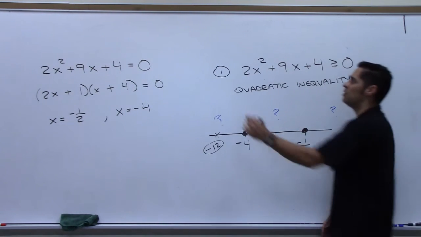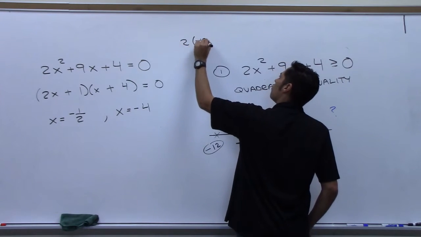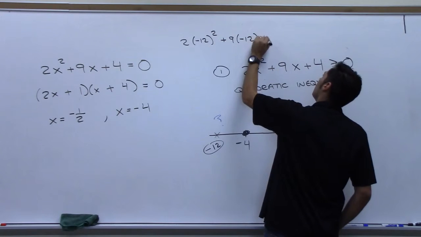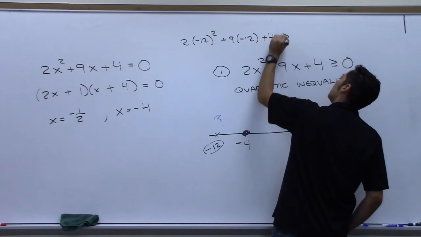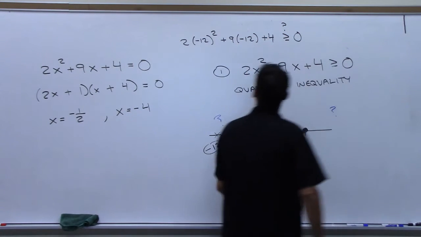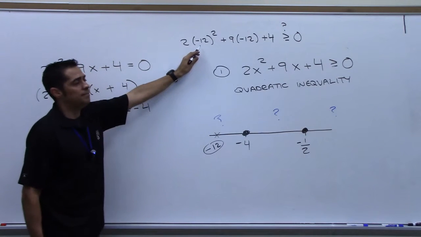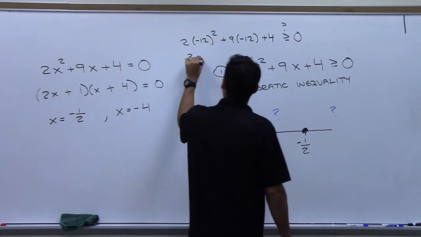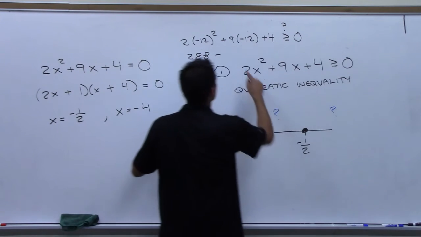So you have to do 2 times negative 12 squared plus 9 times negative 12 plus 4, and you're asking yourself, is that bigger than or equal to 0? What's 12 squared? 144, times 2 is 288.